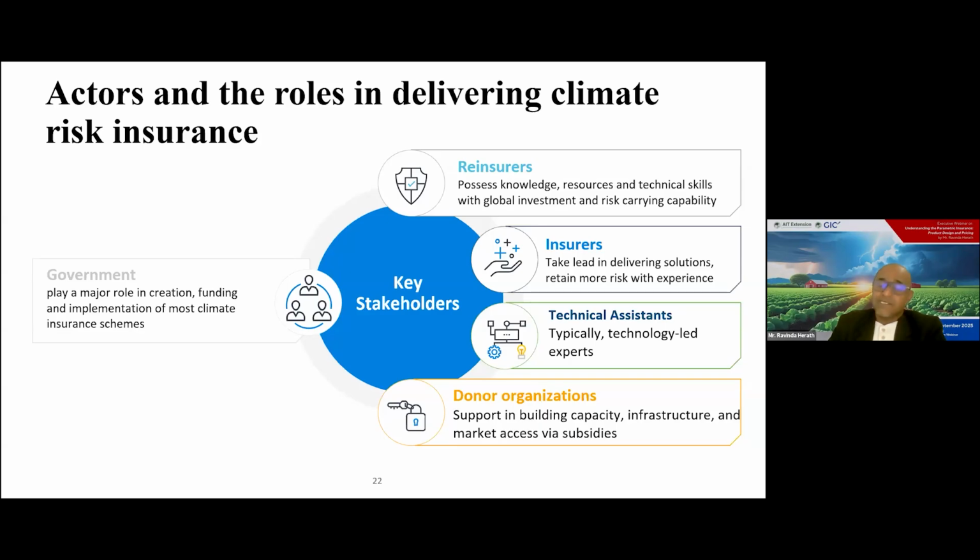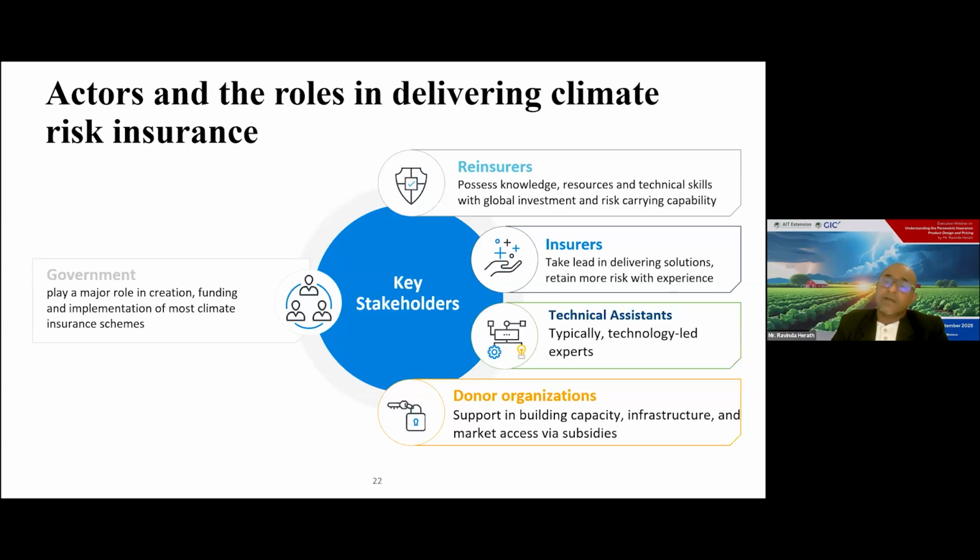They build the capacity in the country, in the industry, to develop this kind of product for the market. In many instances they sometimes provide subsidies as a kind of support on the client side, right? So these are the key stakeholders. Without their support, we cannot lead these parametric insurance innovations in the country, right?